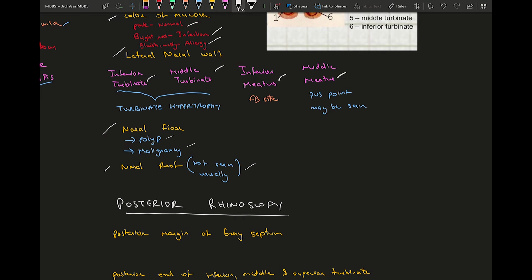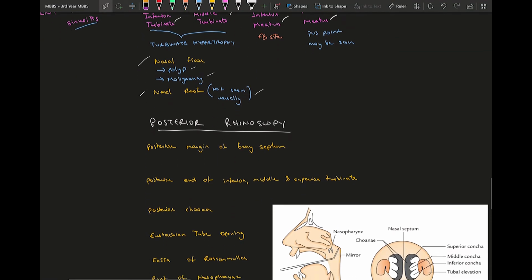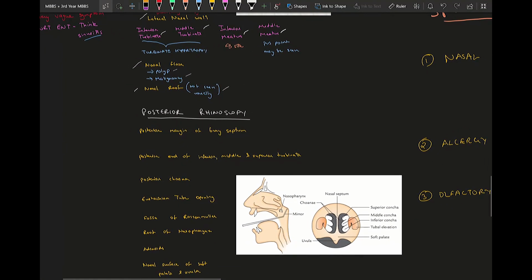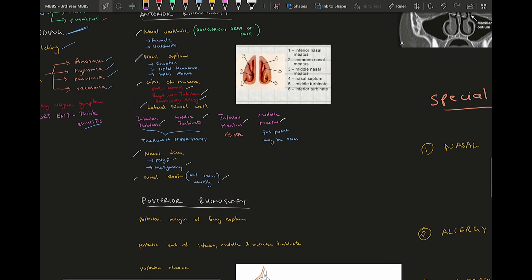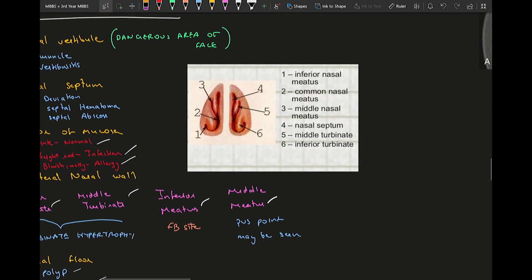If you're going to see this area, then you need to use a good amount of decongestants and maybe even topical anesthesia to visualize it. Moving on, anterior rhinoscopy must be performed for all nose cases, and this is the diagram for anterior rhinoscopy.